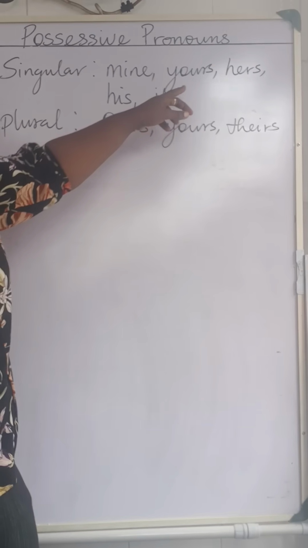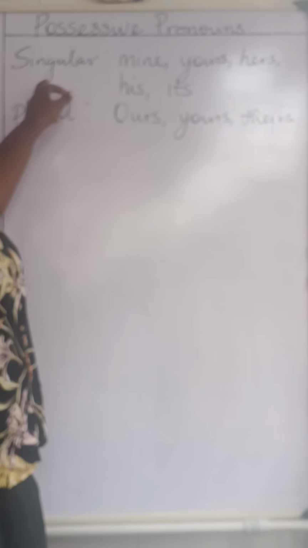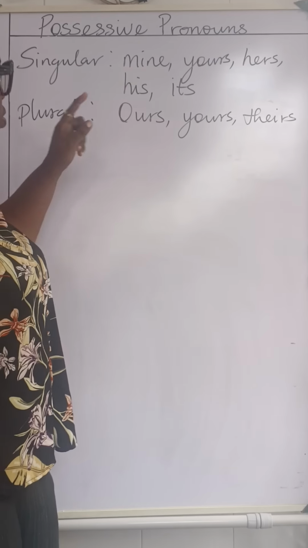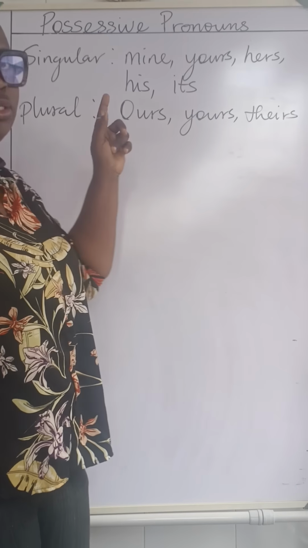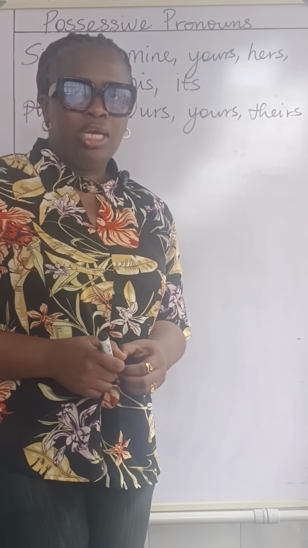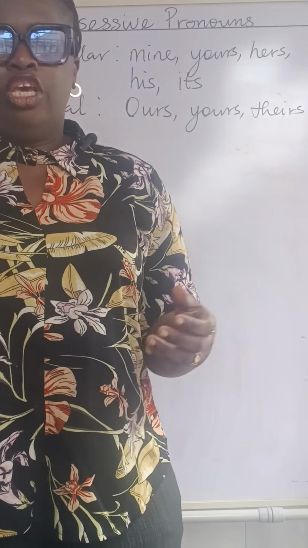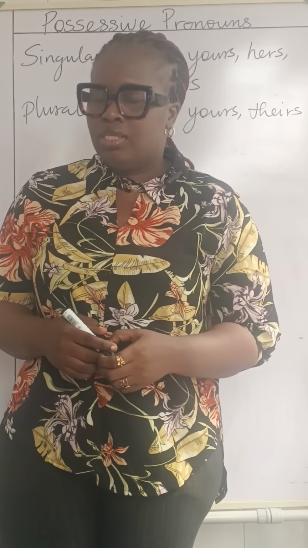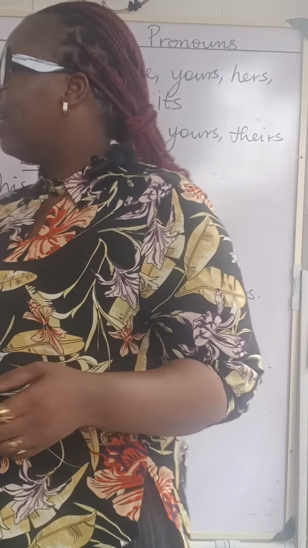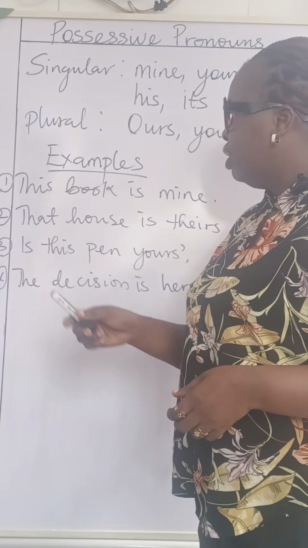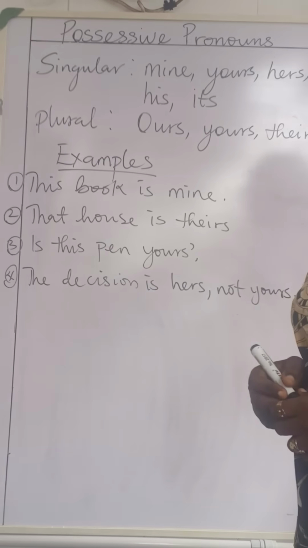Here you can see yours is up here as singular and is also as plural because of the U in pronouns, right? So you can always use it as a singular or it can also act as what? A plural. Let's look at some examples of possessive pronouns. This book is mine.